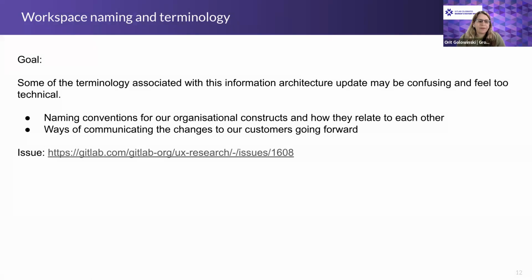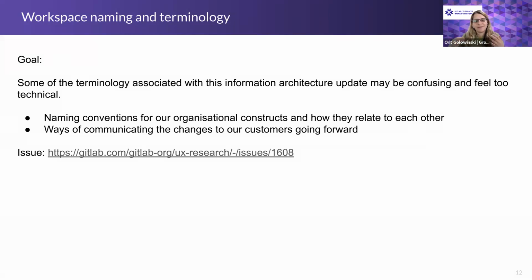In terms of planned validation efforts, we are planning to fix or work on the right terminology for Workspace. Every time that we discuss Workspace internally, it seems to be a source of confusion, and even more so when we're talking to our customers.